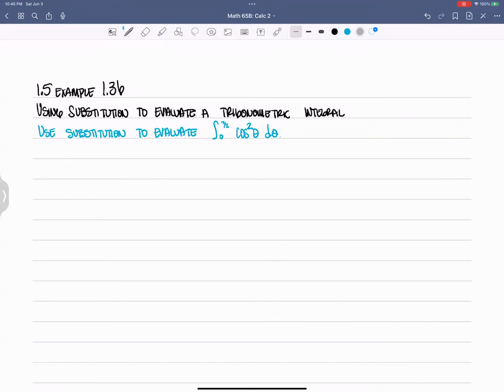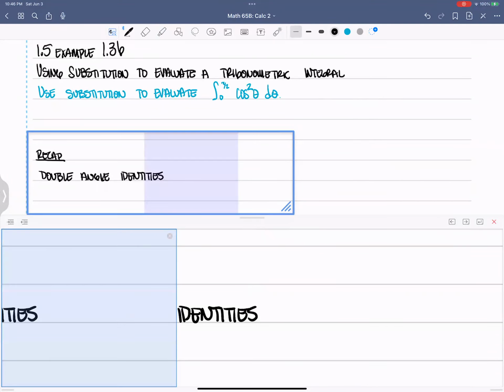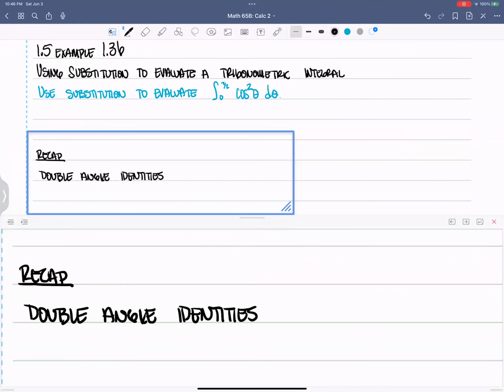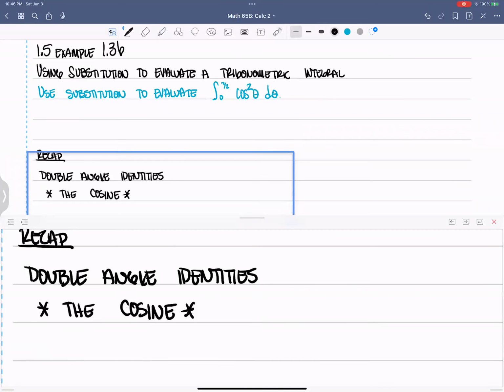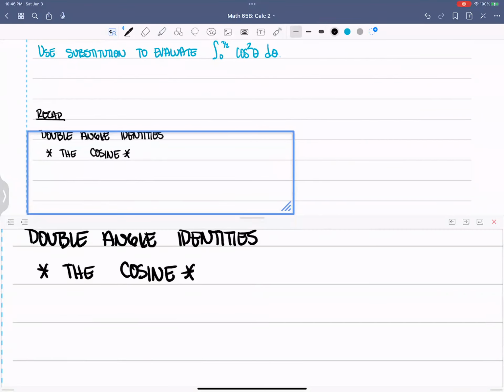Let's do a little recap of our double angle identities, more specifically the cosine. There are two that I want you to remember. Remember, cosine of 2a was equal to 1 minus 2 sine squared a.